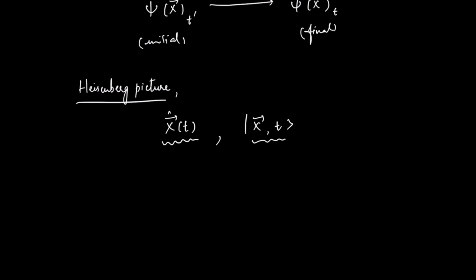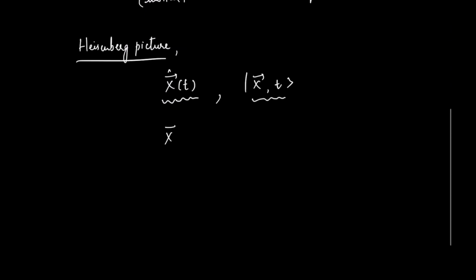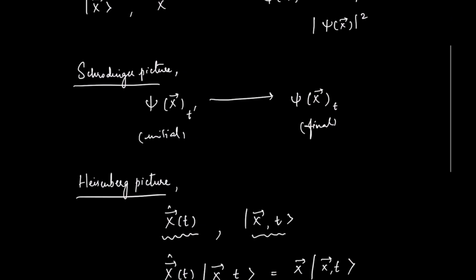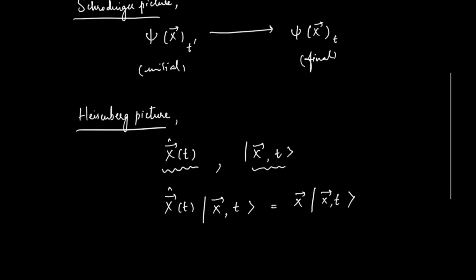Now here the operator x acts on the state to give an eigenvalue and the eigenvector. Here the question of quantum mechanics is different. In the Schrodinger picture, the question was, if I know the wave function at time t prime, then how do I find the wave function at a time t? But here the question is different.